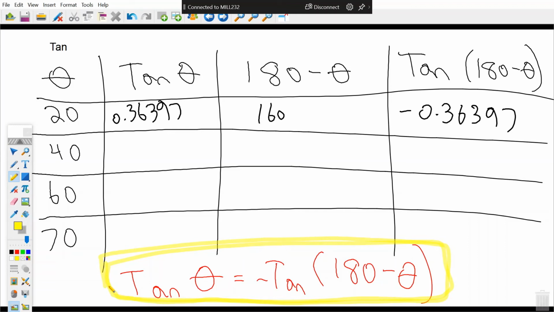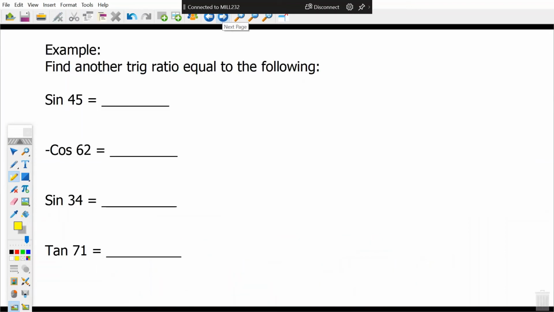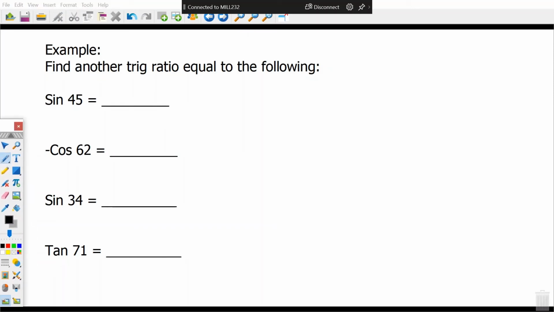Now that's really all there is for 4.1. 4.1 just wants you to understand the basics of that, and then in 4.2 you're going to get a chance to put that into practice. Okay, I guess we'll look at this example quickly. It says, find another trig ratio equal to the following. The question says sine 45.